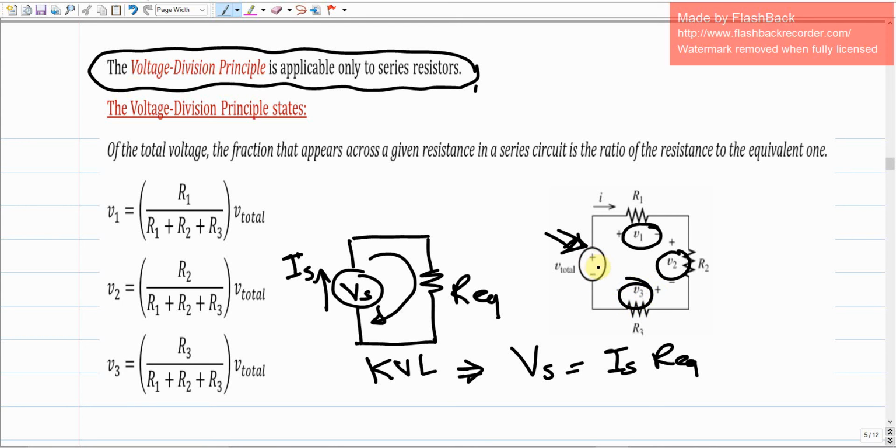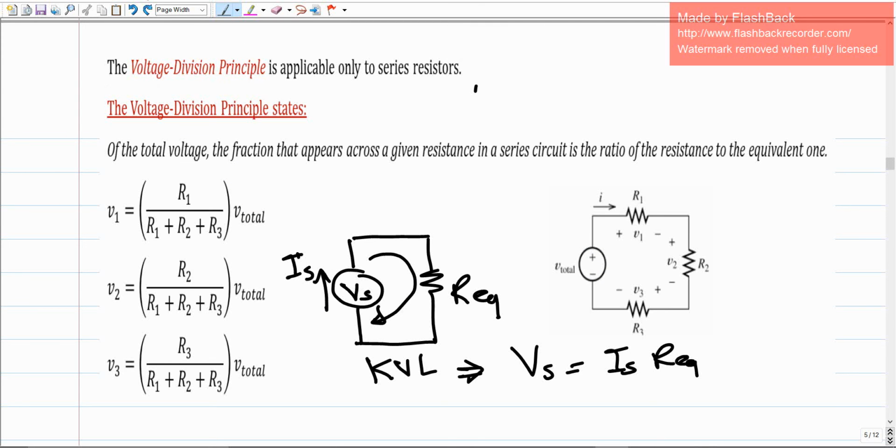This is our interest. This is the voltage division principle. So again, the voltage division principle is applicable to series resistors only. Make sense? So how it works basically, let us assume that our main interest is just to calculate V1.